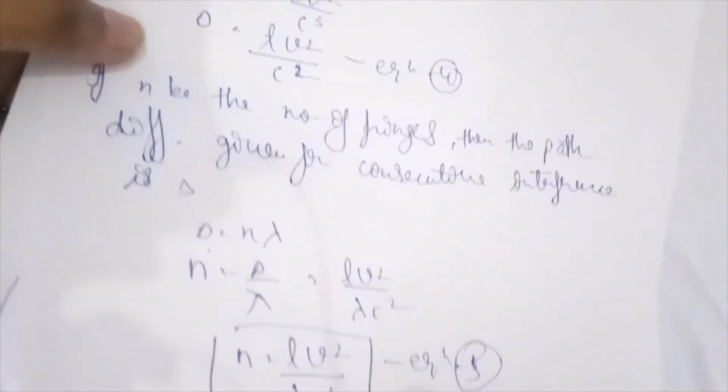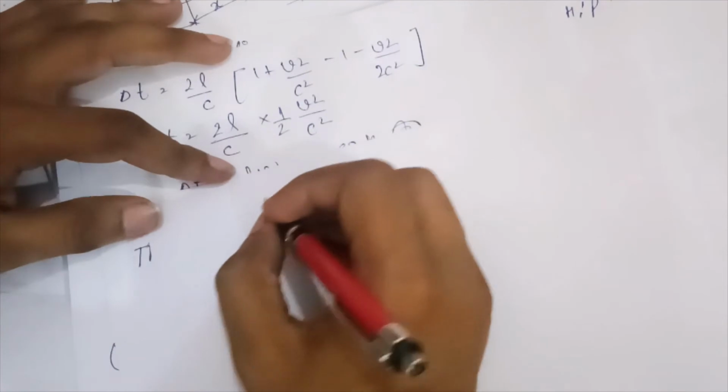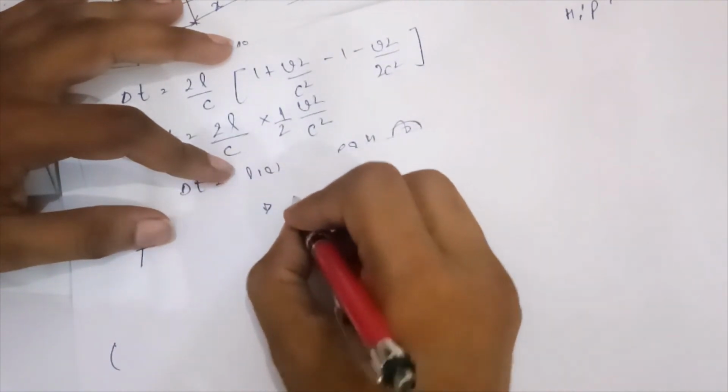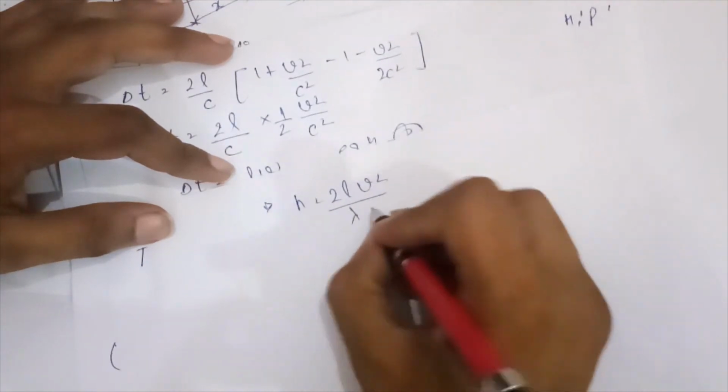So it means n equal to 2L v square upon lambda c square.